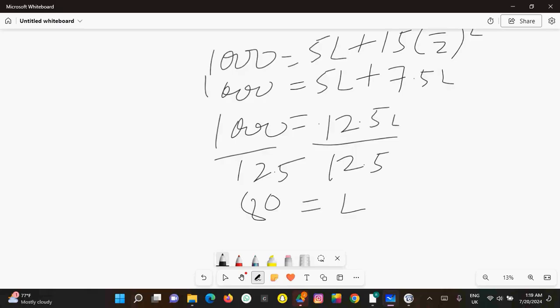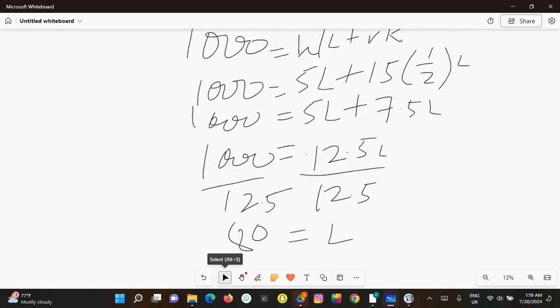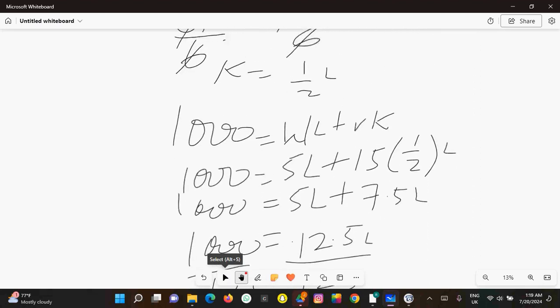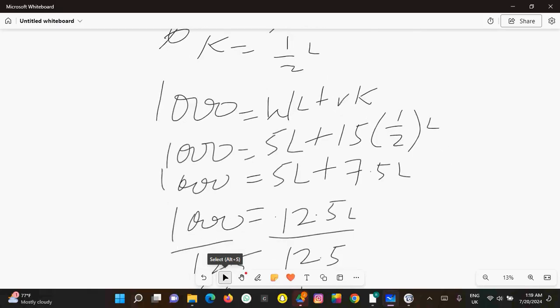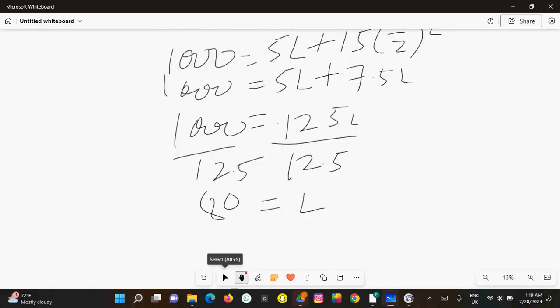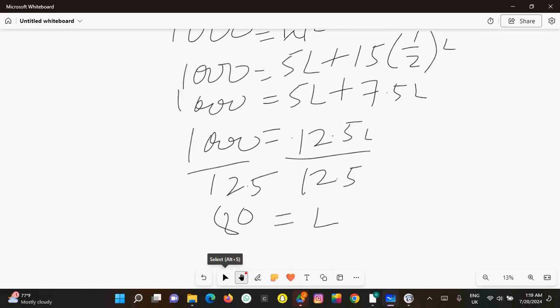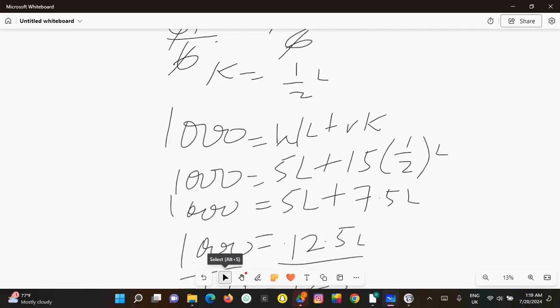So we put L equals 80 into the same equation, and substituting gives us K equal to 40.